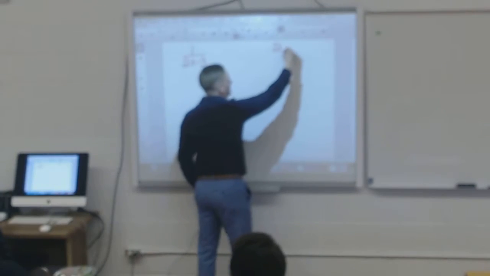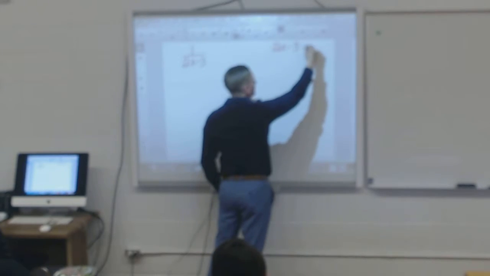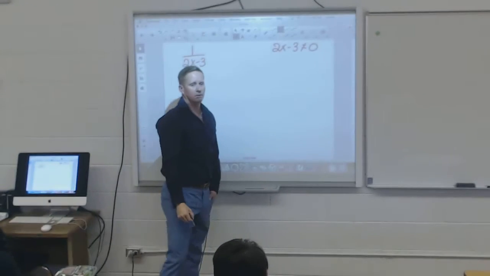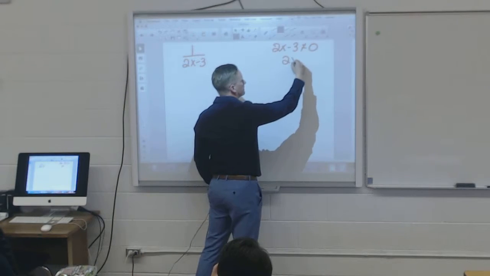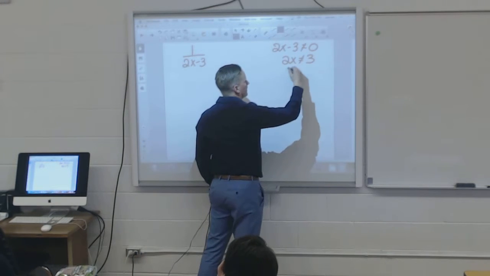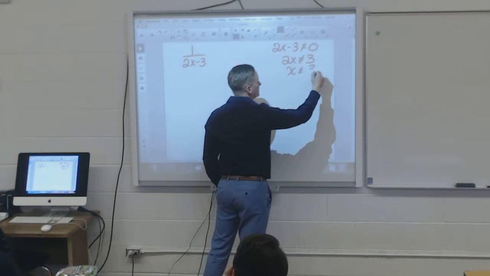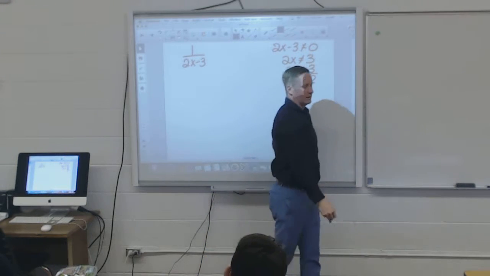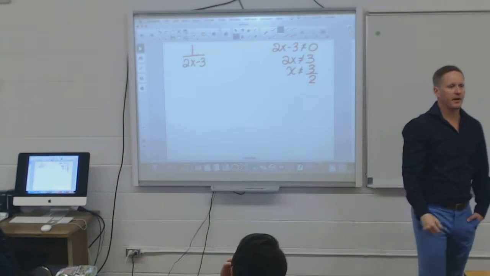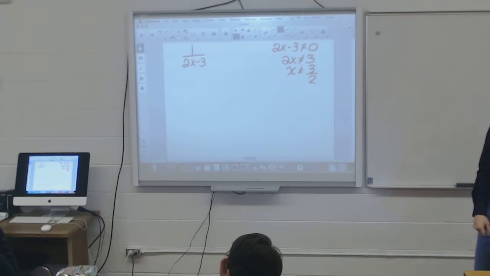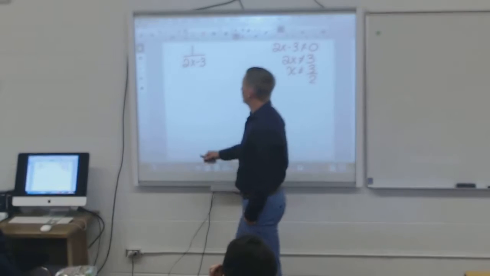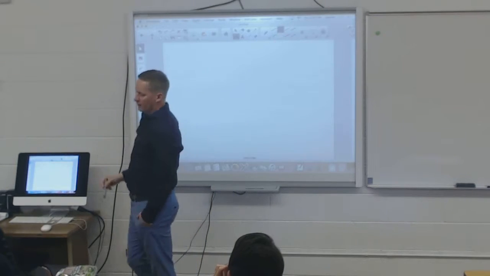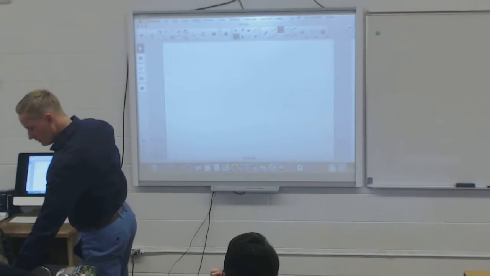So the non-permissible value is 2x minus 3 can't equal 0. And you solve for x. Add 3. Divide by 2. So the non-permissible value here is 3 over 2. Okay, so you can follow through in your book.